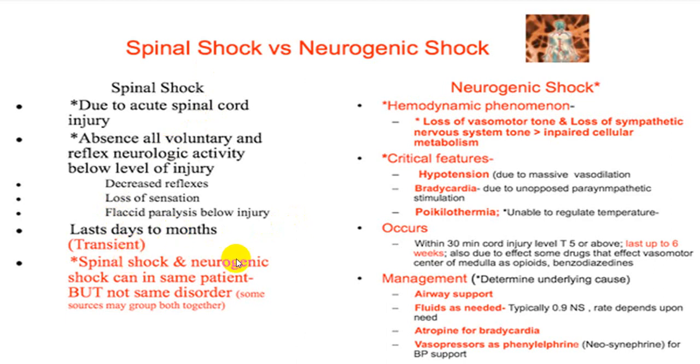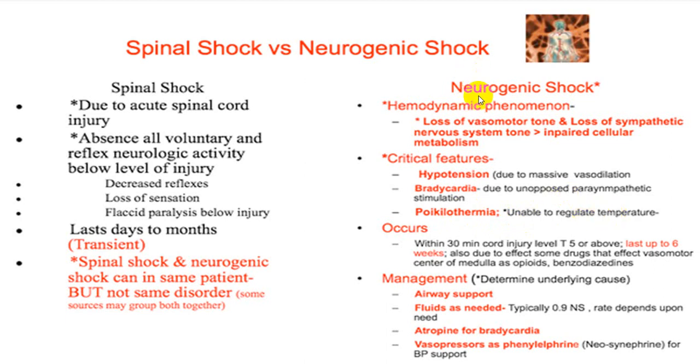Spinal shock and neurogenic shock can be there in the same patient, but they are not the same disorder. So what happens in neurogenic shock? Because of the vasomotor involvement, there is a loss of vasomotor tone and sympathetic tone, hence the person will develop hypotension and bradycardia. The person can also have poikilothermia, that is, being unable to regulate temperature in the affected part.